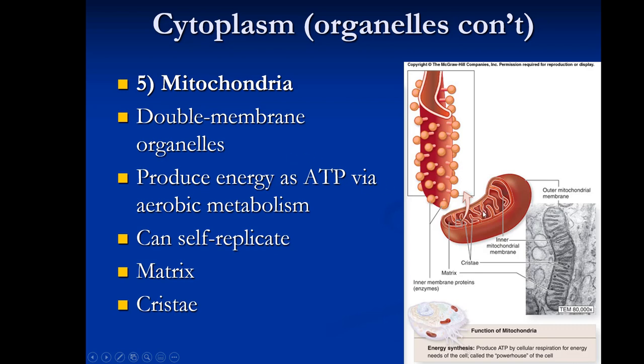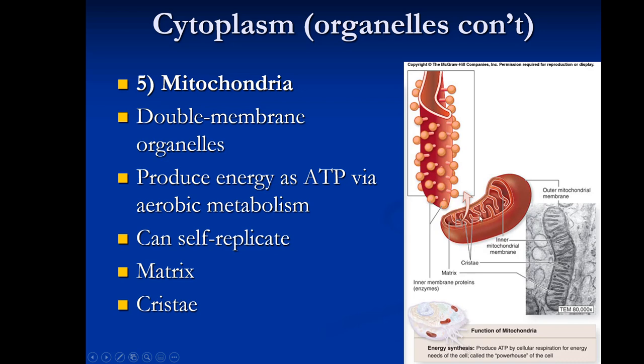They produce massive amounts of ATP via aerobic metabolism, and aerobic metabolism means that they use oxygen. So where oxygen is utilized in cells, it occurs in the mitochondria. That's why we need so much oxygen in the body. So the mitochondria use it via aerobic metabolism and produce lots of ATP.